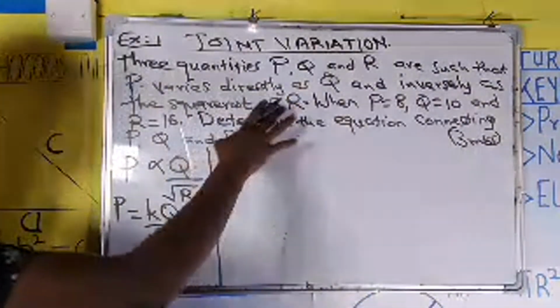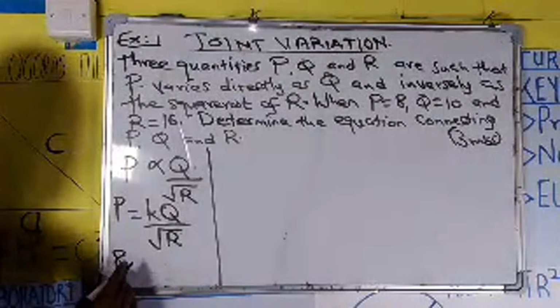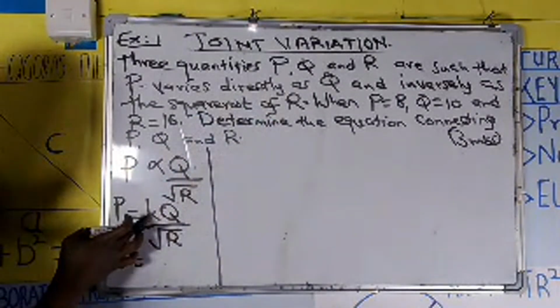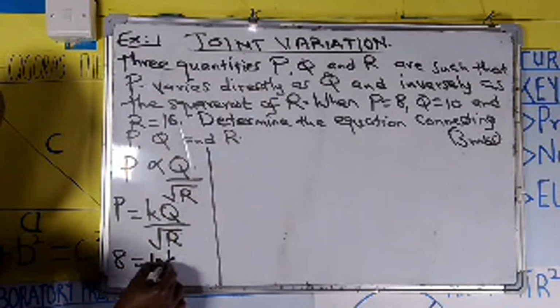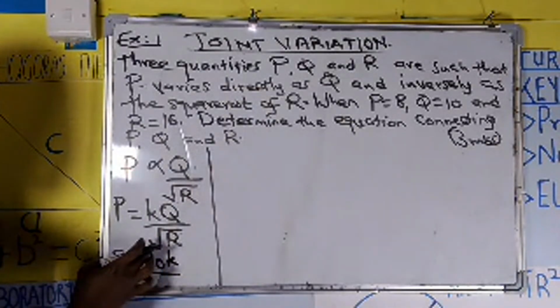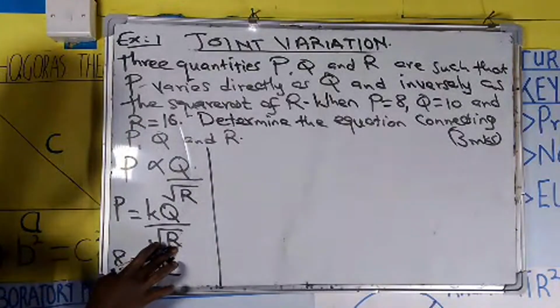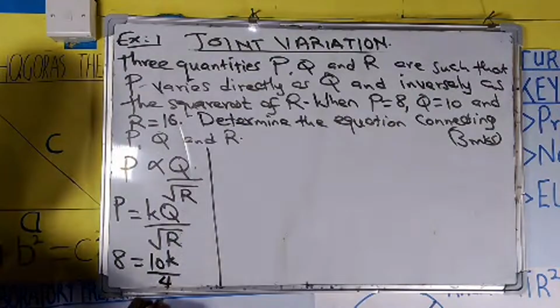Then we are told when P is 8, Q is 10, so 10 times K will be 10K over the square root of R, and R is 16. So what is the square root of 16? It is 4.